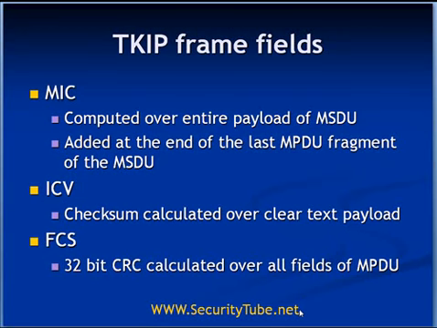comes the data, and at the end of the data the MIC or message integrity check is present. This MIC is computed over the entire payload of the MSDU. While calculating the MIC, not only the payload is taken into consideration, but also the source and destination MAC addresses, so that forgery or identity theft can also be taken into account.